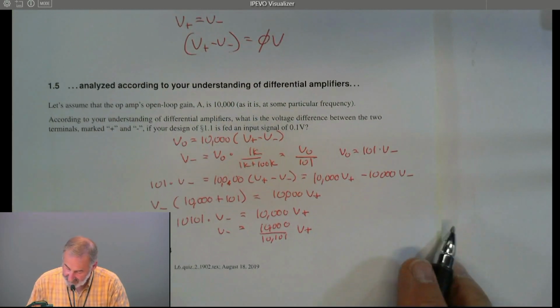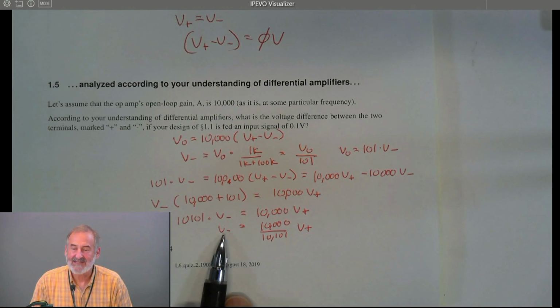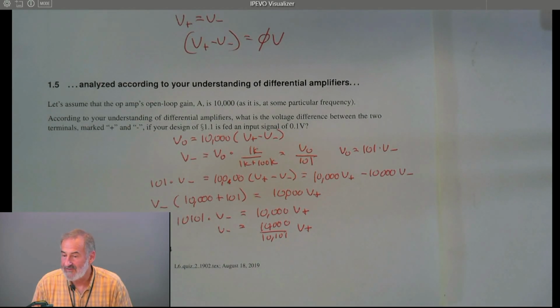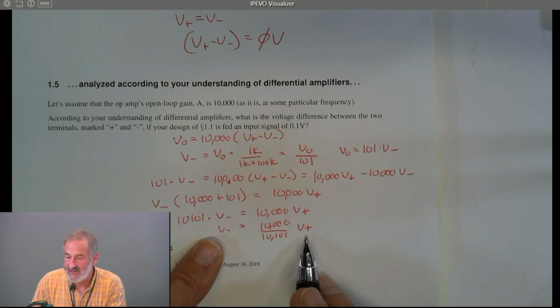So we can see that V minus is a little bit smaller than V plus, which it has to be because we're going to multiply the difference between those two times 10,000 to get the output.